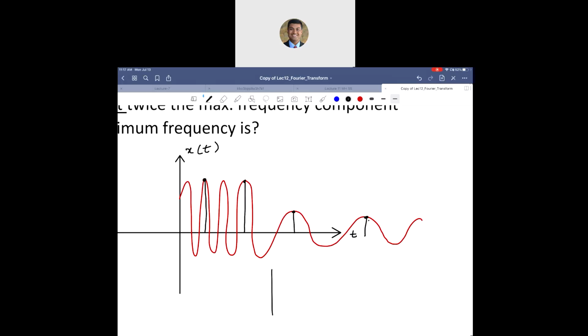You know what I'm going to get? I'm going to get this, like that, because I have this, and this, and this. I will not get the signal that I sent clearly. So that is a consequence of choosing a low sampling rate. So I should have it higher.